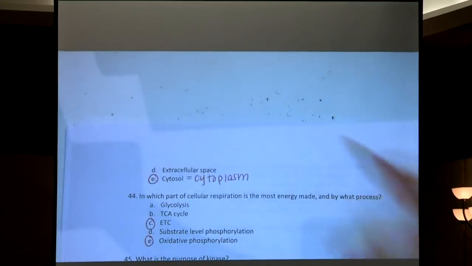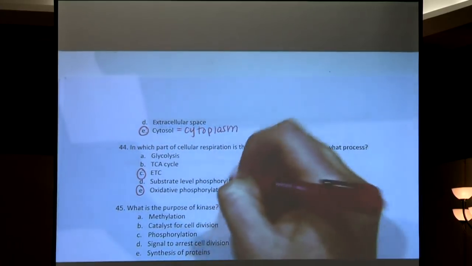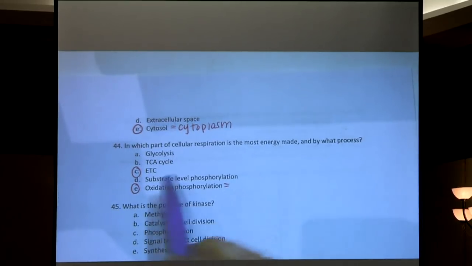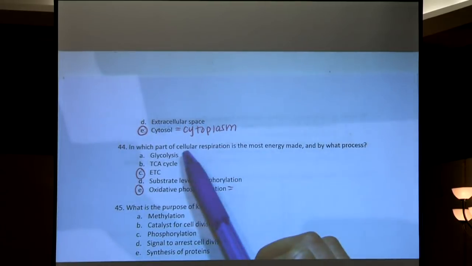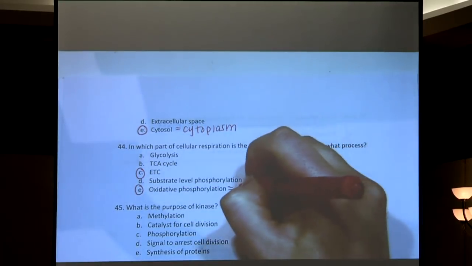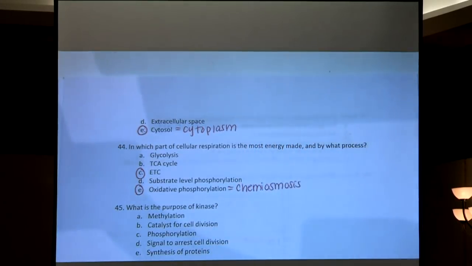Good. So this will be our oxidative phosphorylation, and this oxidative phosphorylation is also going to be referred to as, so substrate level and oxidative are two different things, all right? So our substrate level phosphorylation is what occurs for glycolysis and the TCA. In the case of our electron transport chain, we have our oxidative phosphorylation, which is also referred to as chemiosmosis, all right?